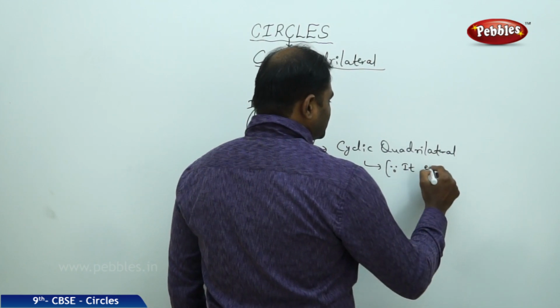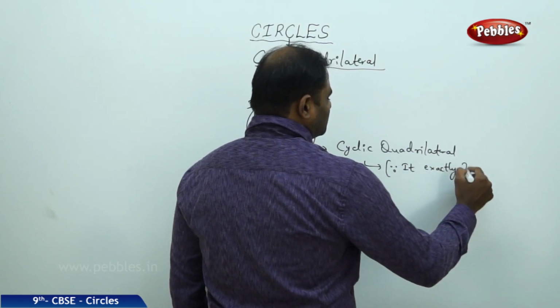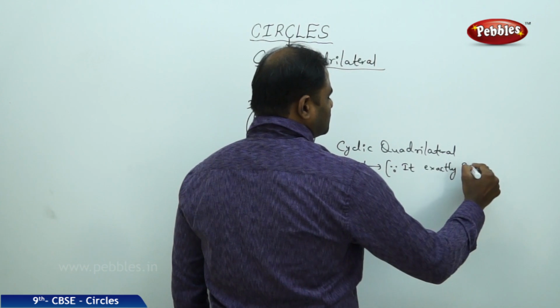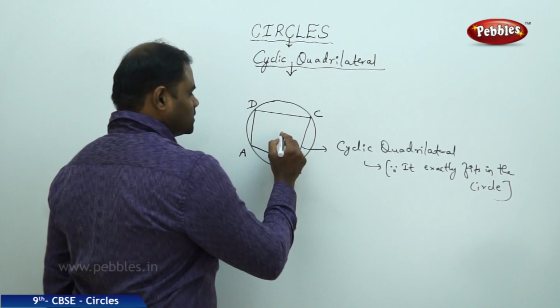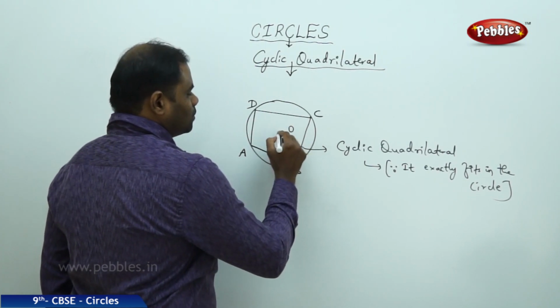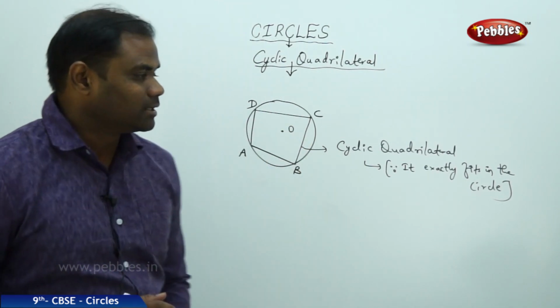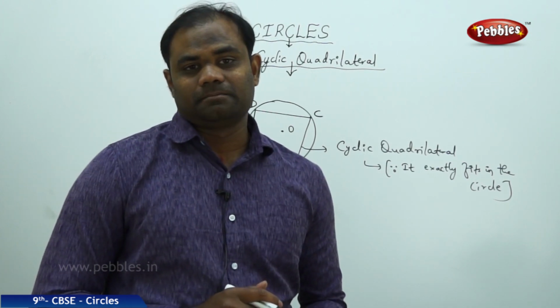Since it exactly fits in the circle with center O, that is how we understand a cyclic quadrilateral.